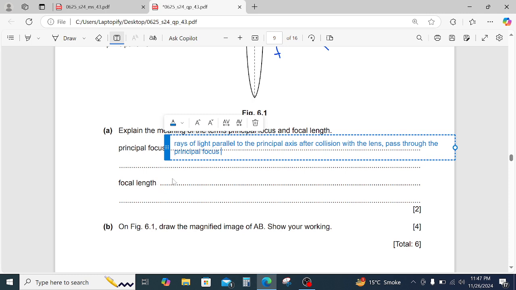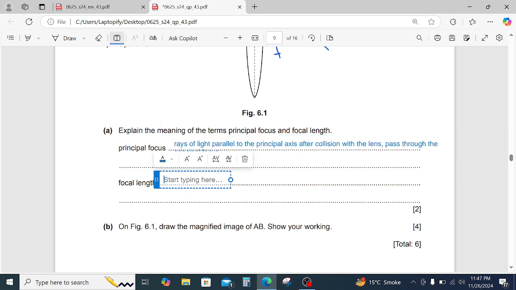And the distance between the principal focus and the center of a lens is called focal length.